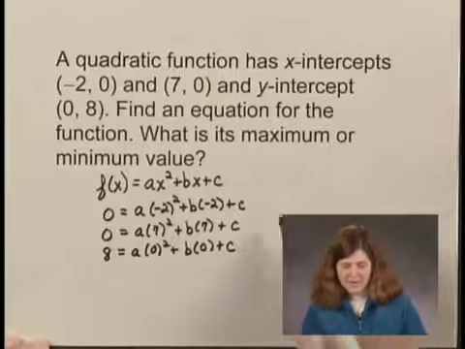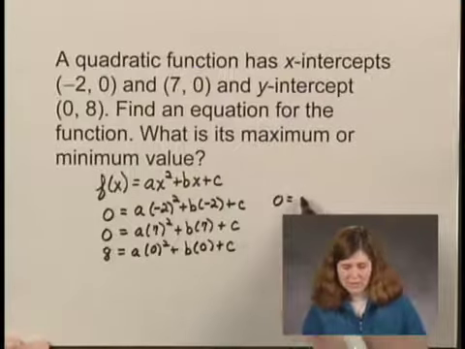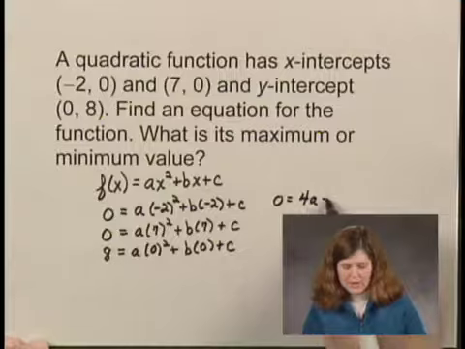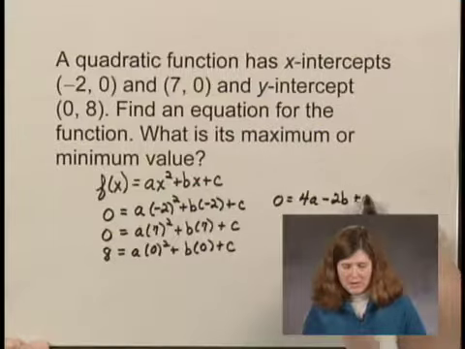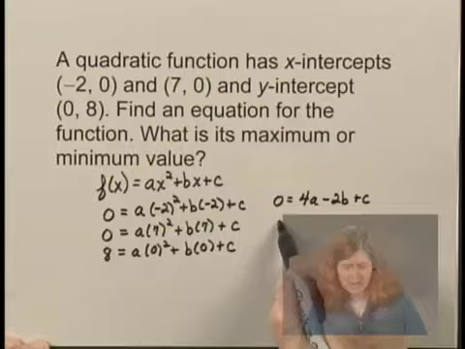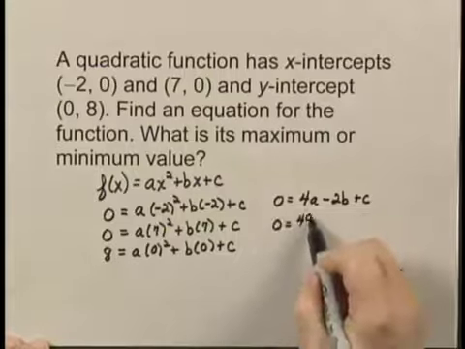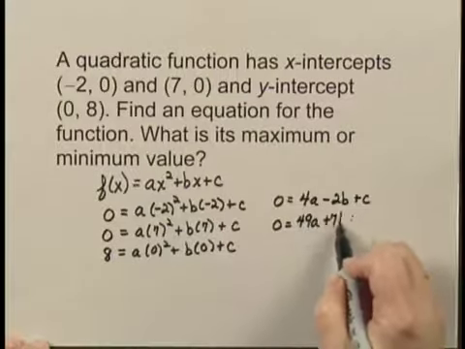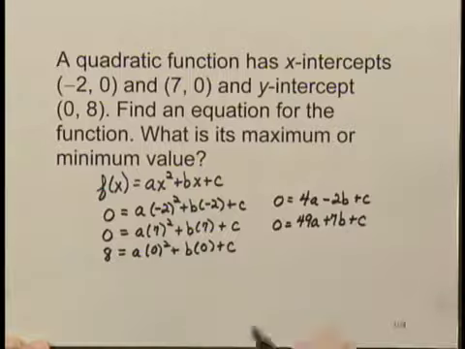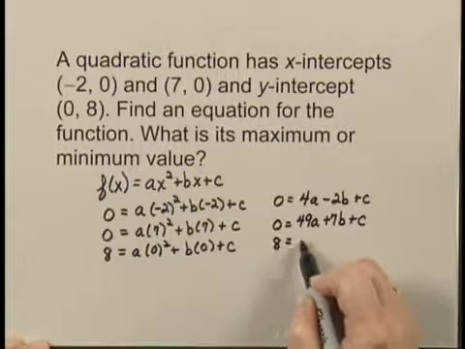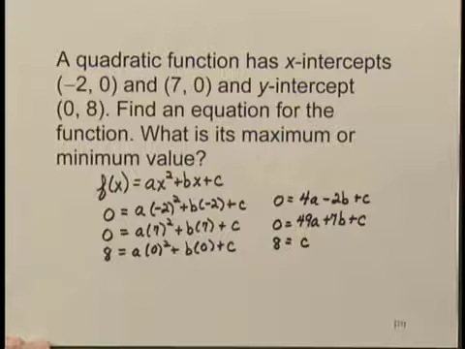And I can simplify. I have 0 = 4a - 2b + c, 0 = 49a + 7b + c, and finally 8 = c.